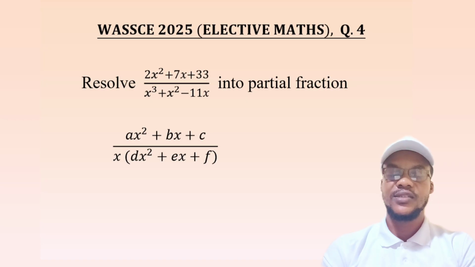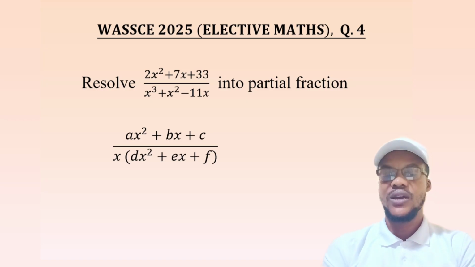In this case, we have an expression at the numerator and an expression at the denominator, which in all is a rational function. When you realize that the degree of the numerator is less than the degree of the denominator, then you can say it is a proper fraction.